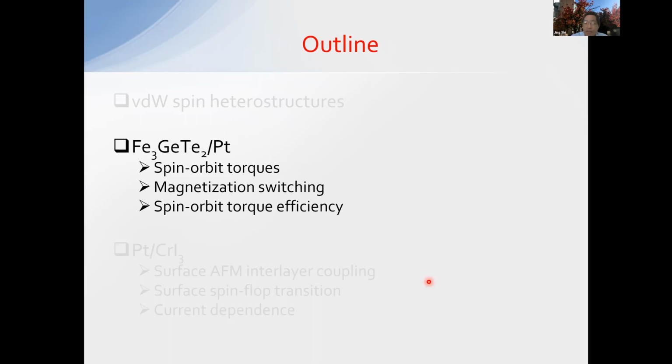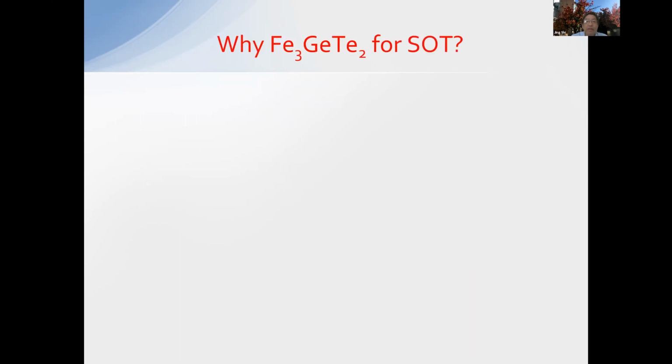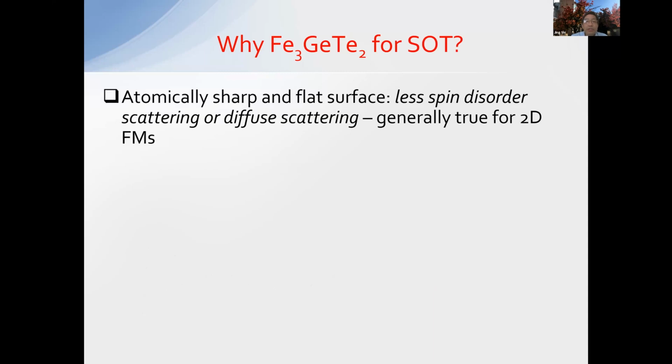So the second part, I'm going to focus on this half van der Waals heterostructure. I picked FGT for studying the spin orbit torque. I want to tell you the motivation on this slide. As I mentioned earlier, the interface can be atomically sharp and flat, which originates from the atomic layer surface.